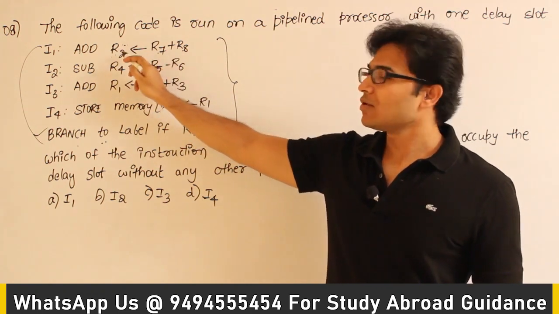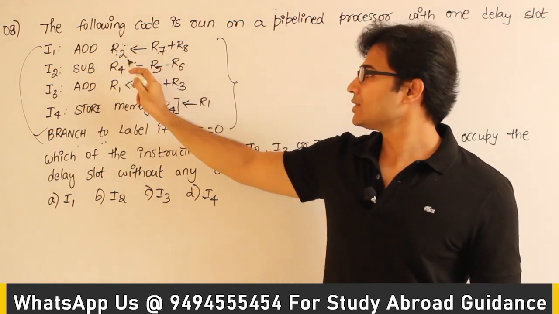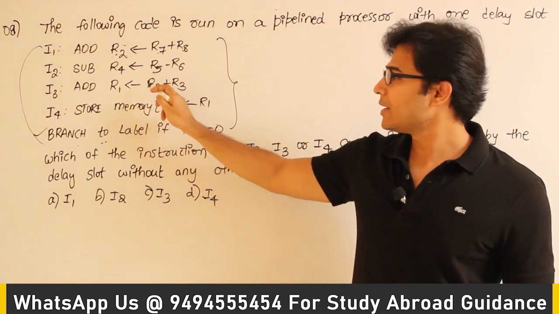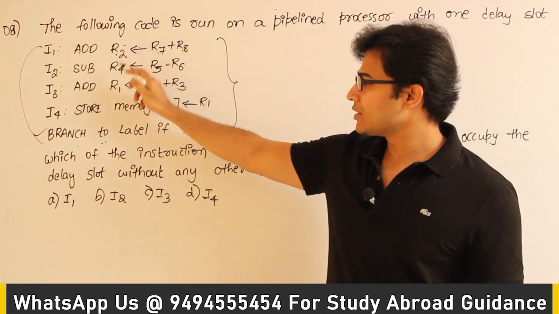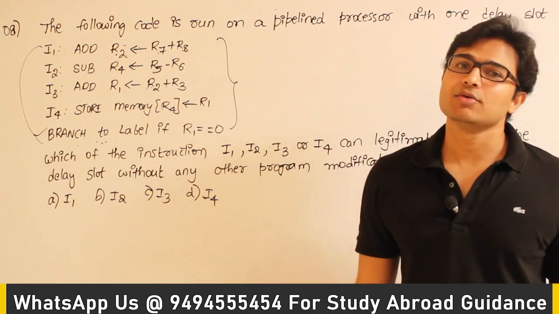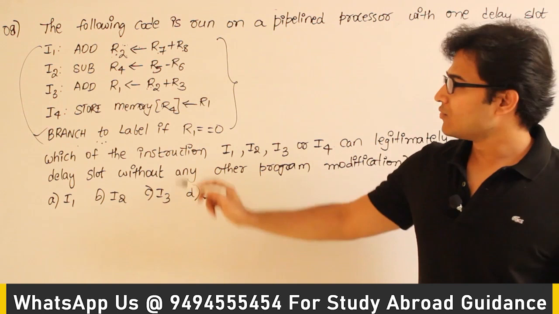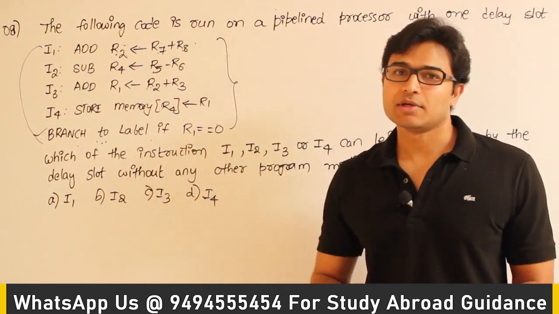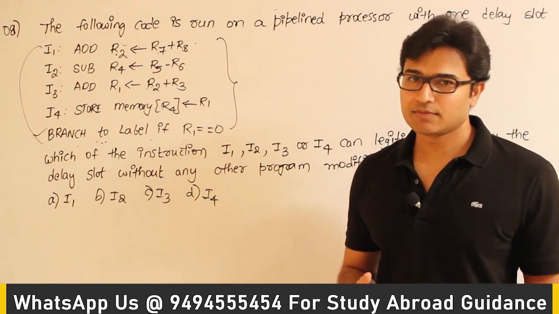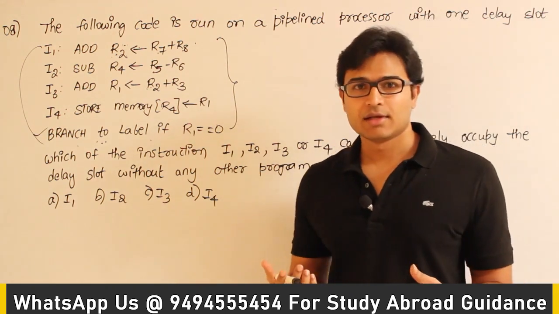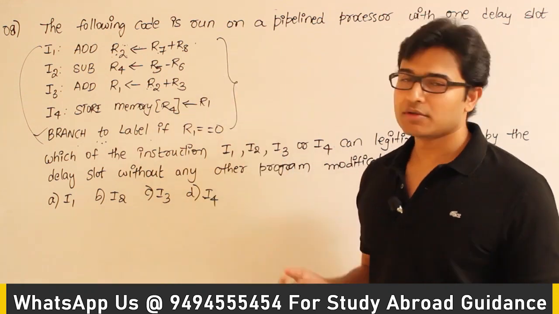Whatever the value of R2 you are computing here has to be available by I3, and since you are moving this instruction, you will not be able to get the right value. So if you move this instruction, the program meaning will change, isn't it? Because obviously there is a dependency. The dependencies we shall see later. For now you can think that the meaning is going to change.